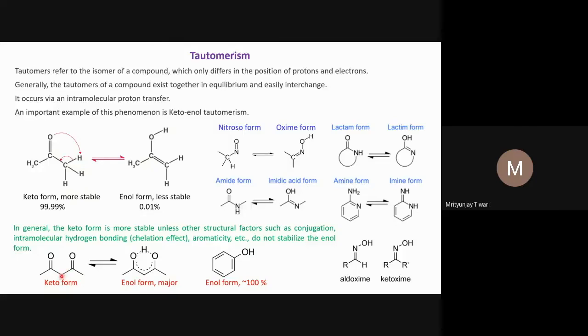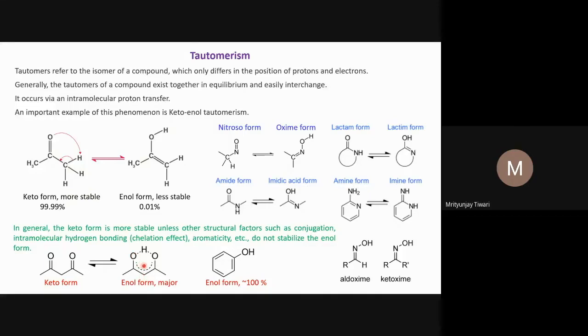Suppose it moves here. What will happen? The bond pair that was here will move to between this carbon and this carbon atom, so this bond will move here. This will actually be OH, and this OH group will form a hydrogen bond with this carbonyl group, and because of this we call it the enol form. In the enol form, the hydrogen is shown between this oxygen and this oxygen atom, not at one oxygen atom, because one can say a similar structure results even if this hydrogen atom moves to this oxygen atom.